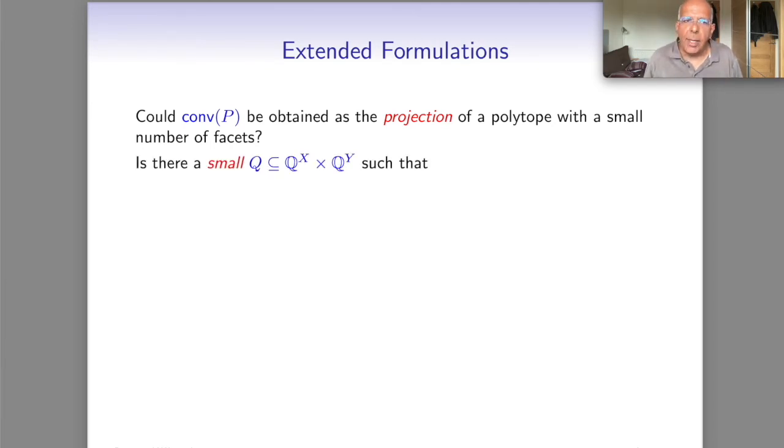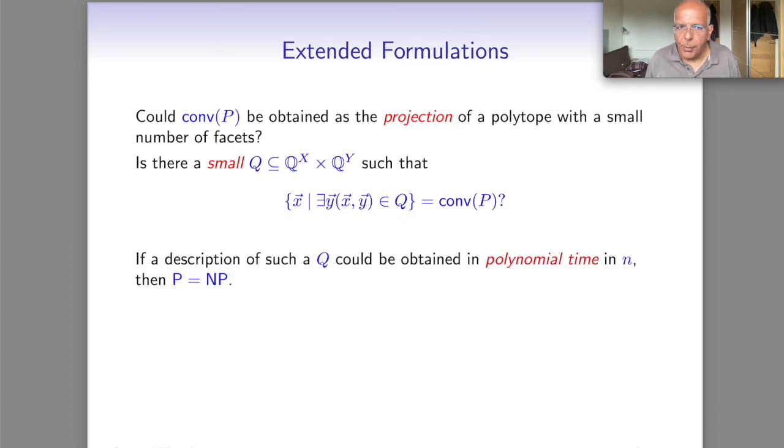So, formally speaking, we ask, is there a Q, a polytope, in this higher dimensional Euclidean space, with coordinates x and y, where the number of facets is polynomial in the size of x, but such that the convex hull of P, the polytope we're really interested in, can be obtained as the projection, namely as the set of those vectors in Qx such that there is some y in Qy so that the pair xy is in Q. Okay, that's what it means to obtain conv P as a projection of a polytope with a small number of facets.